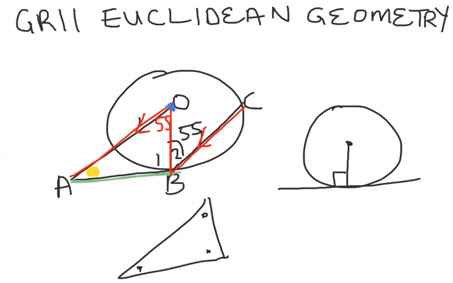Let me just draw another one. If we have this tangent over there, and we go from the middle point to the point where the line touches the tangent, then this angle will be 90 degrees. Let's do another one. If you connect the middle point to that point, then that angle will be 90 degrees. That's just one of the rules of maths, and like I mentioned, one of the theorems.